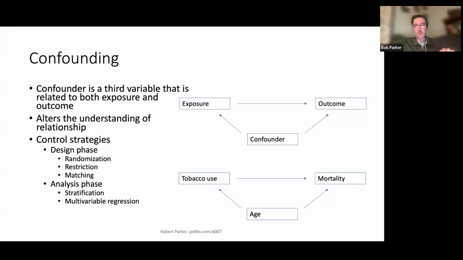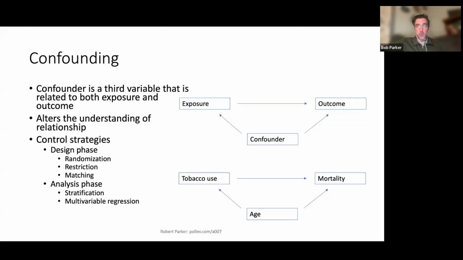When you control for that confounding factor, or you only look at certain age groups where you restrict to the age group that you're interested in, you'll see that tobacco use, in fact, increases mortality. So you can see how, if we missed that confounding factor, we could really cause some damage between our association between the exposure and the outcome.